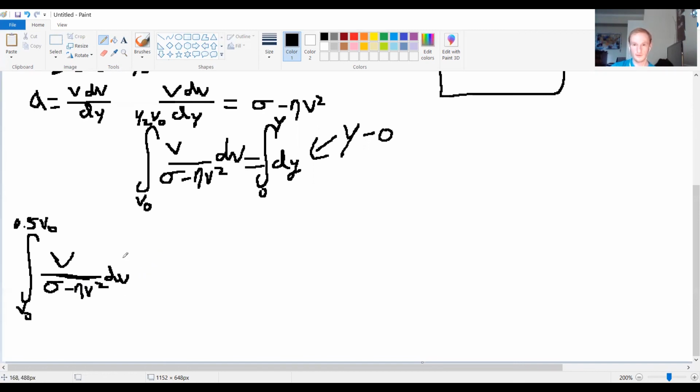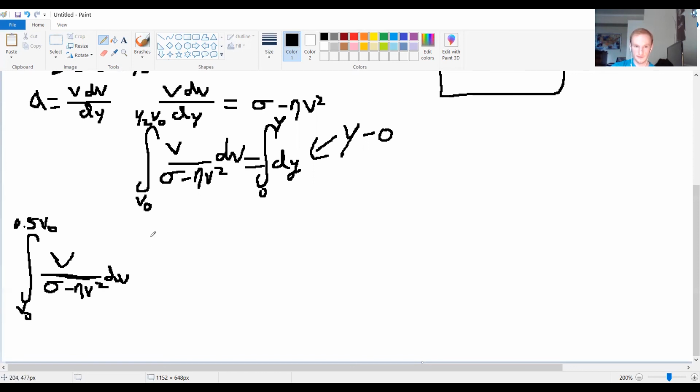When you really don't know what to do, the first thing that you should always try is the u substitution method. Because you know that if you take the differential of the bottom, you're going to get a bunch of constants multiplied by the term on the top, the differential in relation to the term on top.